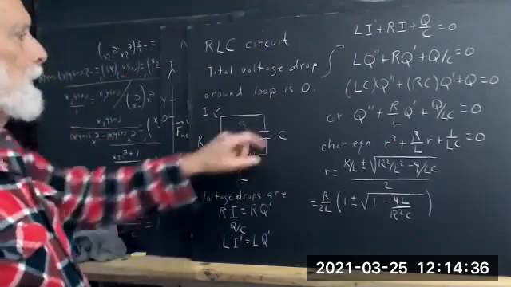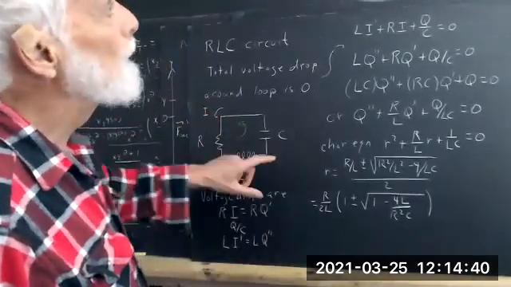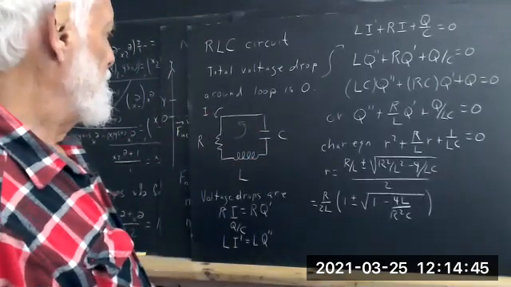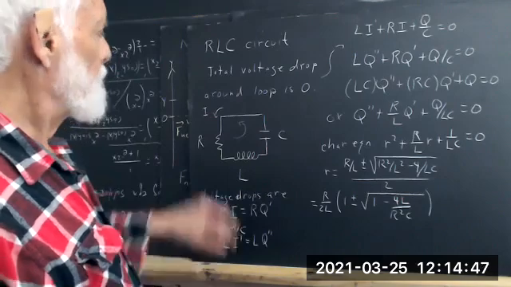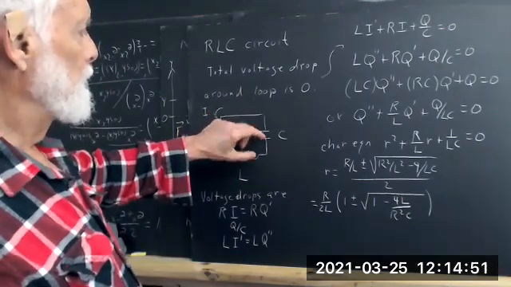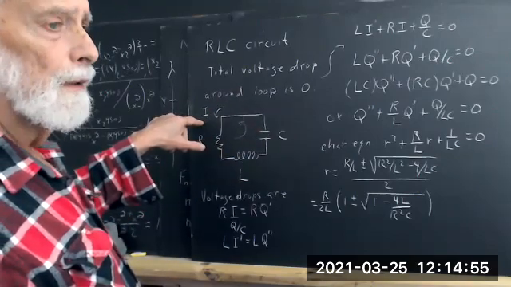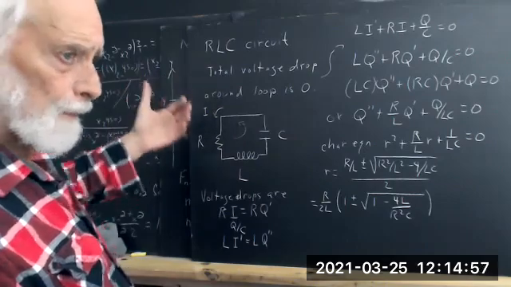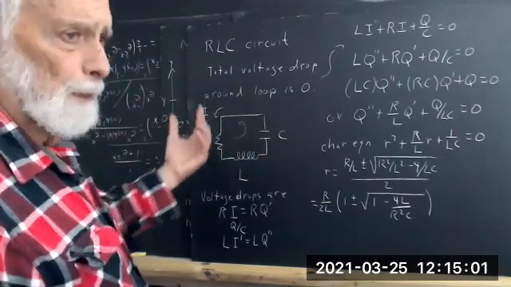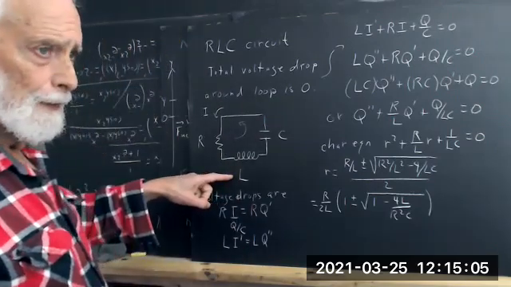The bigger C is, the more charge you're going to be able to hold in this thing, and the more slowly charge is going to dissipate, given all other factors being equal.